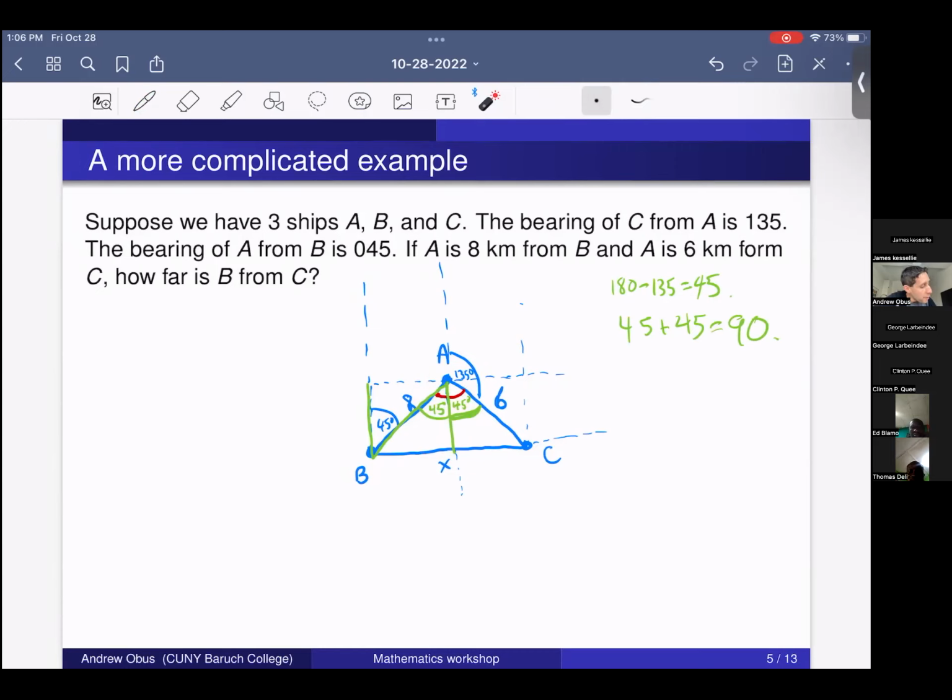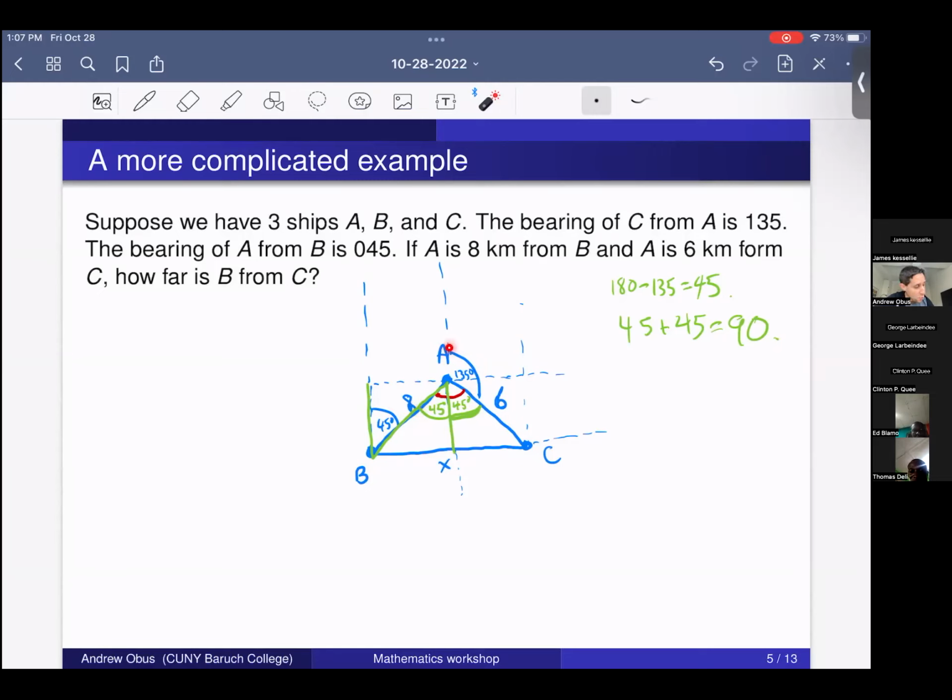Another way of doing this, by the way: if the bearing of A from B is 45 degrees, then the bearing of B from A, you have to add 180, so that will be 225 degrees. So the entire angle from A over to the line to B is 225 degrees.